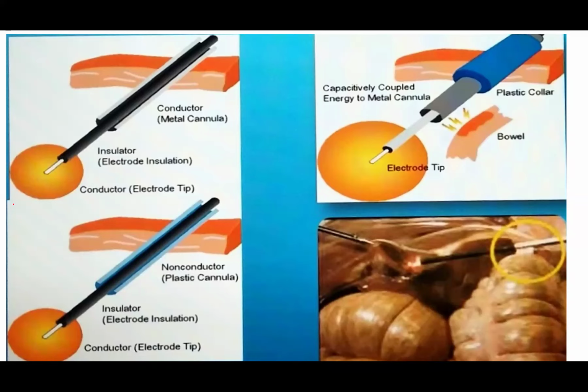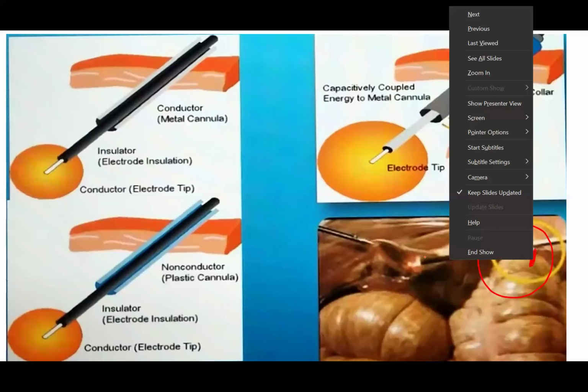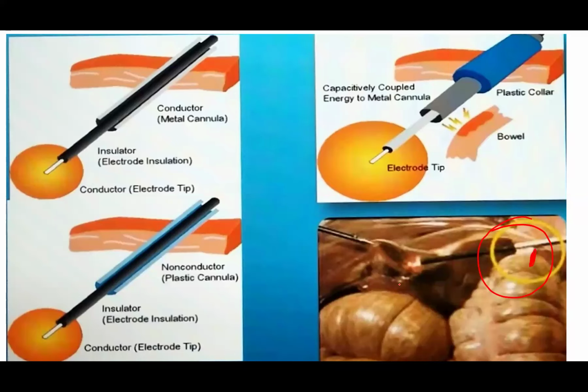You can see how this is even causing injury to the colon here when your target is at this area, because you are putting the effect here and it has transferred the effect to another instrument, causing damage to somewhere you are not working on.